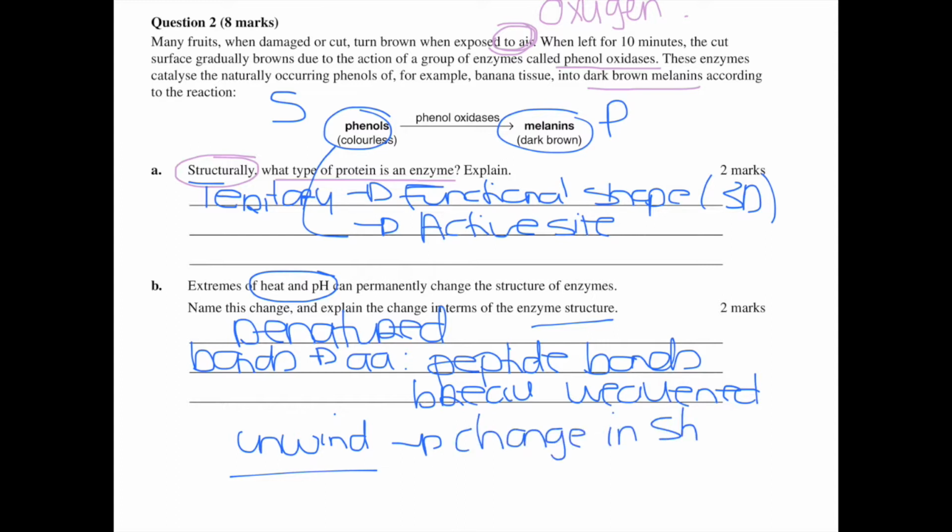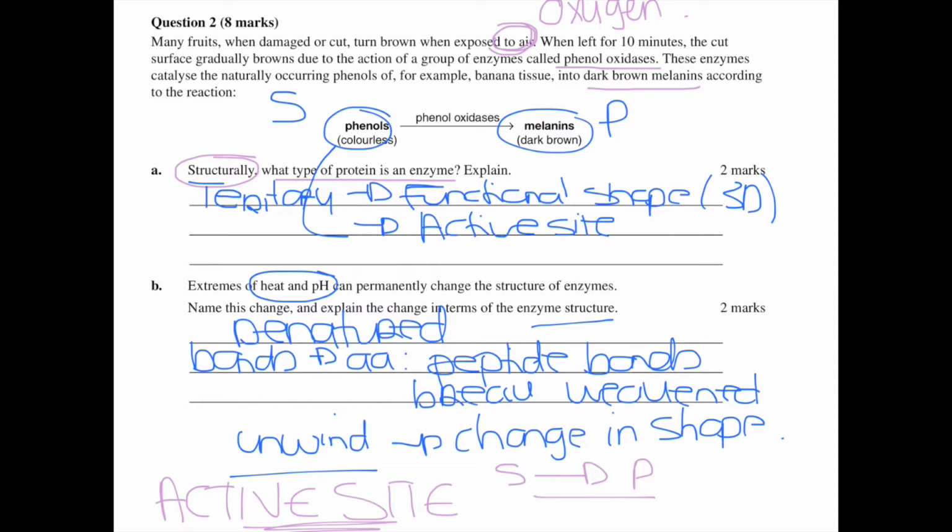But we're talking about enzymes, so we need to make sure that we're being specific to the active site. If the active site changes, then we are unable to bind with substrate, and therefore no product is able to be formed. Okay, so make sure you're being specific to that. Awesome.